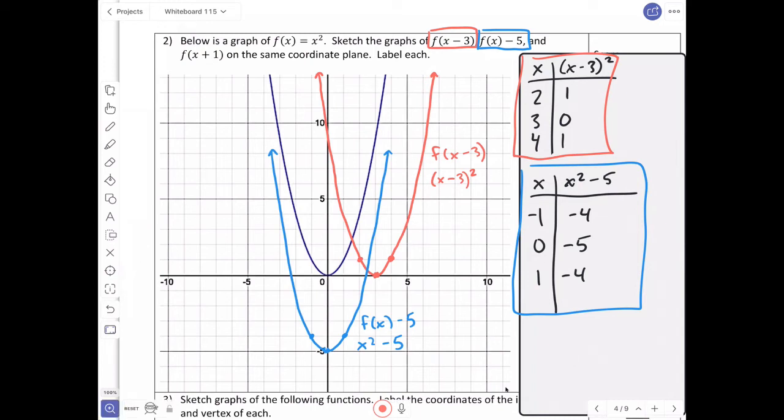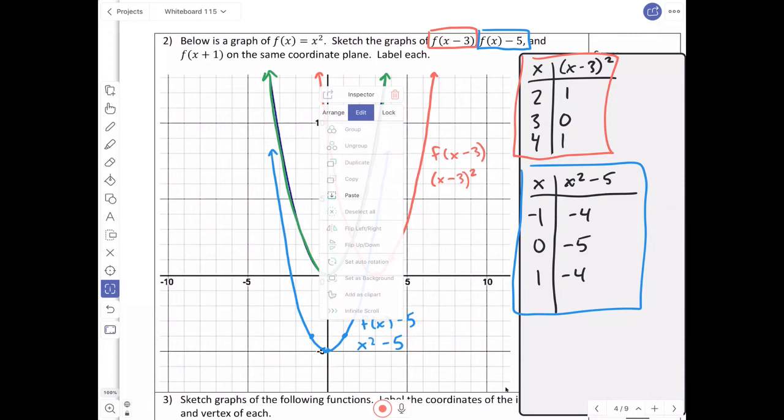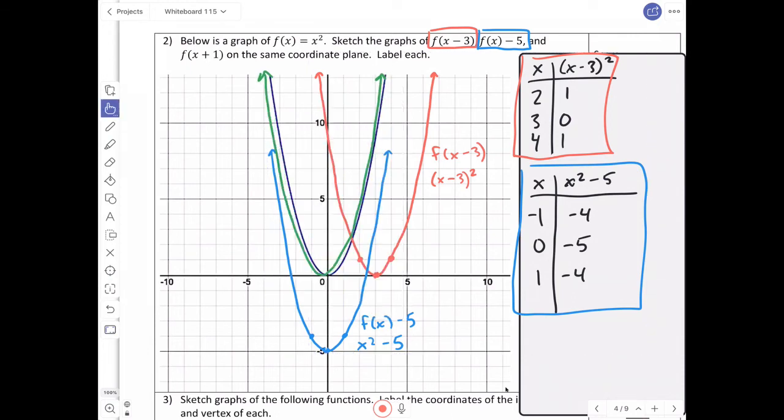And I'll do the last one in green. And again, I'm going to copy it and move it 1 space left.